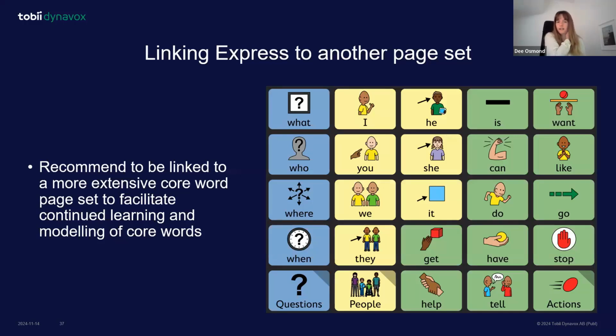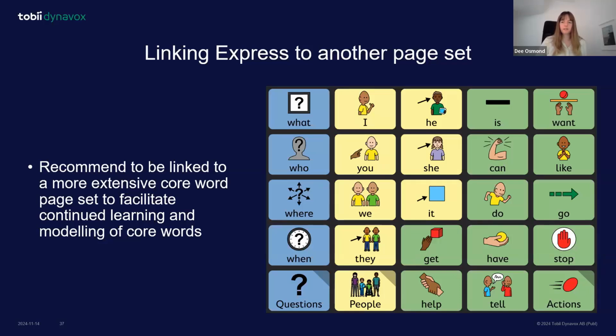So when using TD Snap Express, if a communicator is ready to learn more and expand their language, you can add a link to a core word-based page set from TD Snap Express.